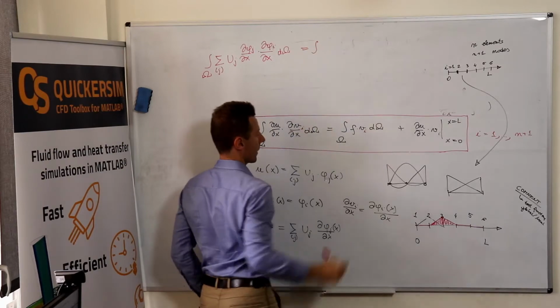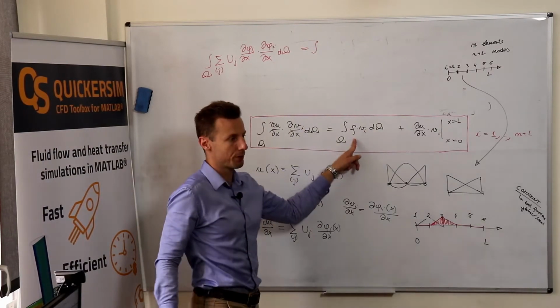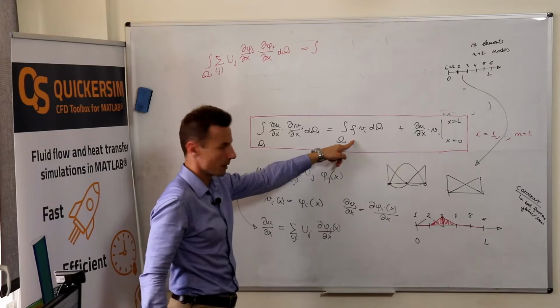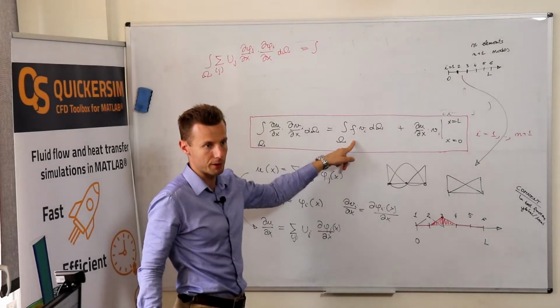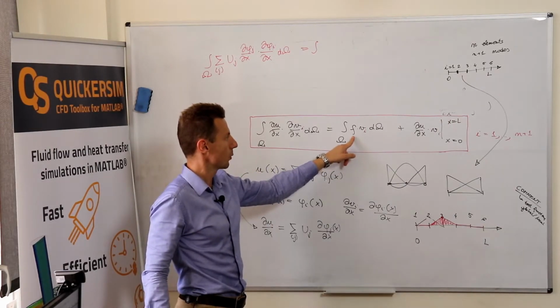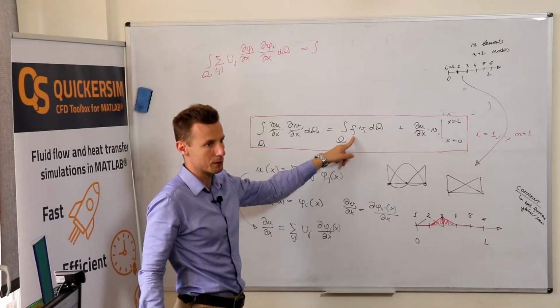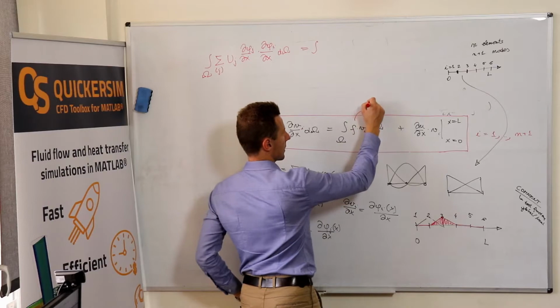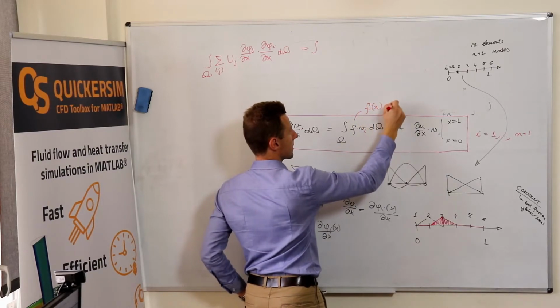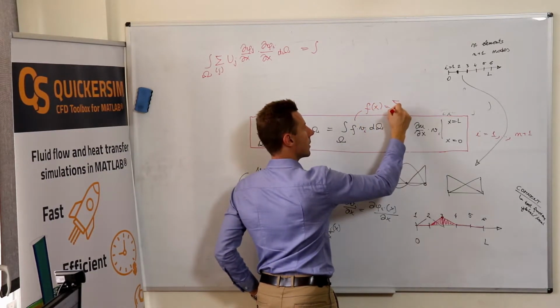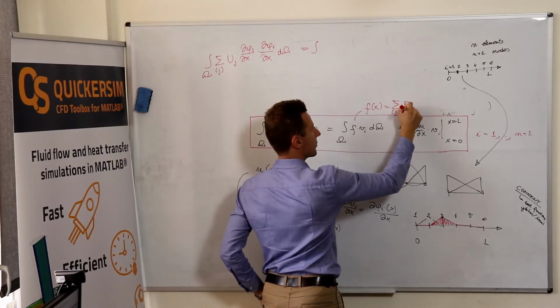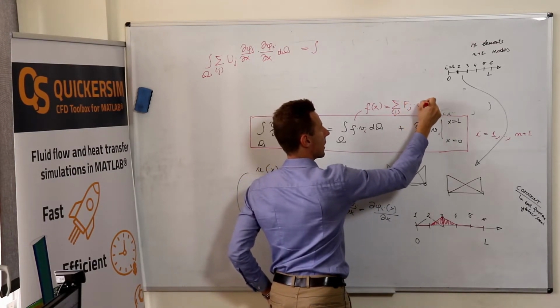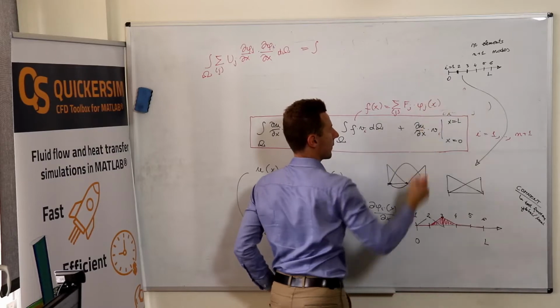Well, what do you do with the source term? Basically, you assume, like in every finite element, that within the area of the element, it's interpolated by the same functions. So you can write explicitly f at x equals, again, sum over j of f j times phi j at x.